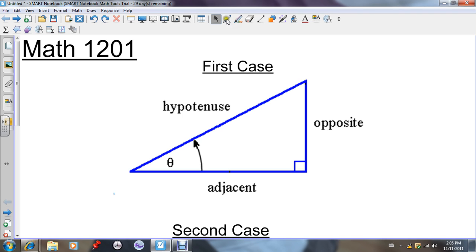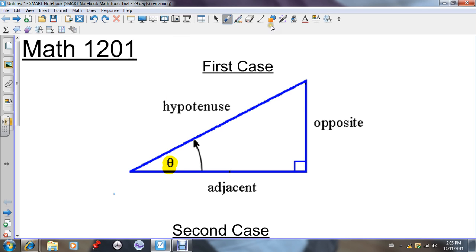Right here you see we have a good old right triangle. We have our theta here. And remember, theta just stands for the measure of an angle in a right triangle. That's all it means. We labeled our triangle with respect to where our angle theta is given.